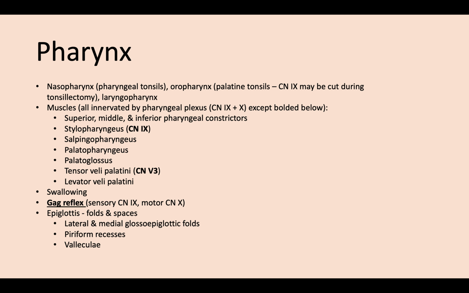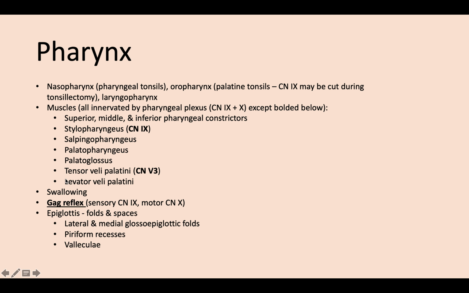When you're in lab and you see a nerve piercing stylopharyngeus, you know that either A, I know it's cranial nerve 9, or I know that that's the nerve, so I know that the muscle is stylopharyngeus. So that can help you distinguish. And then we've got tensor veli palatini. That one is going to be cranial nerve V3.